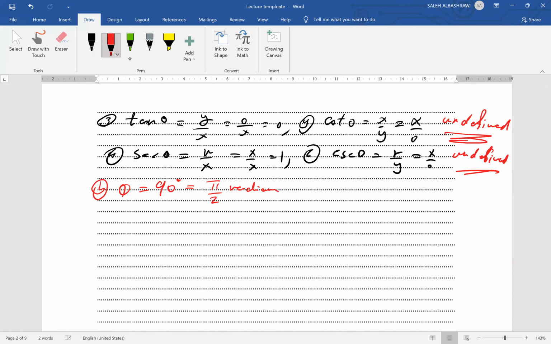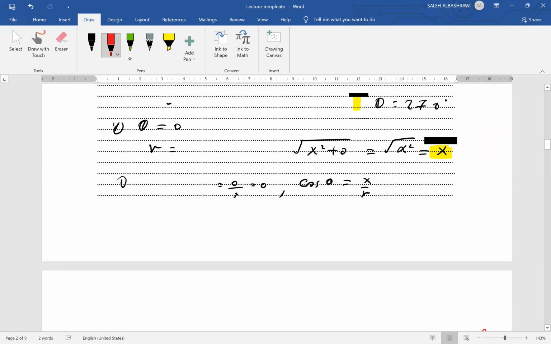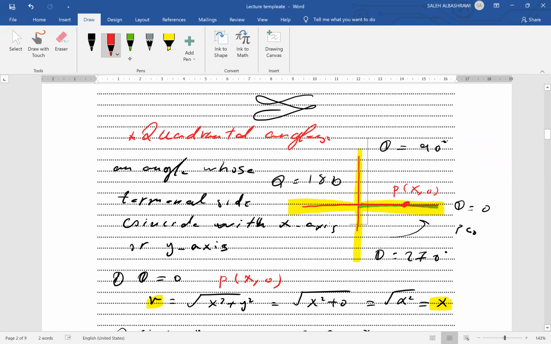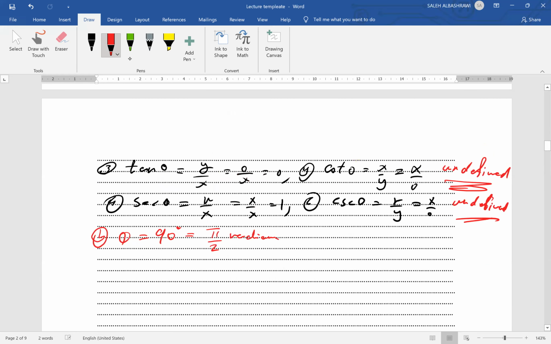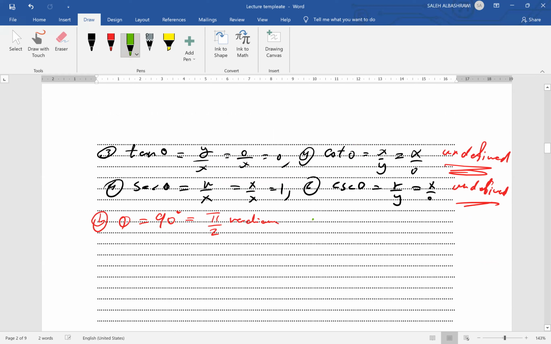Now for this, it means that we are looking at the y-axis. Let's go back to see. This is 90 on the y-axis. So I can choose the point 0 and y in this case. So the point B will be 0 and y because this is on the y-axis. I have x equal to 0 in this case.